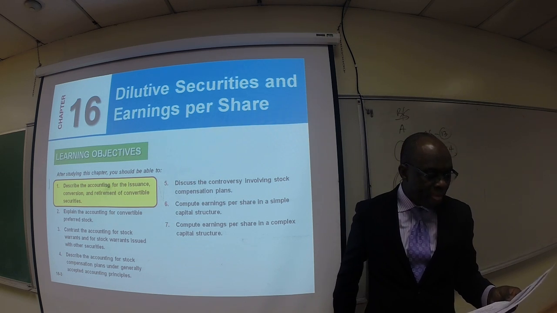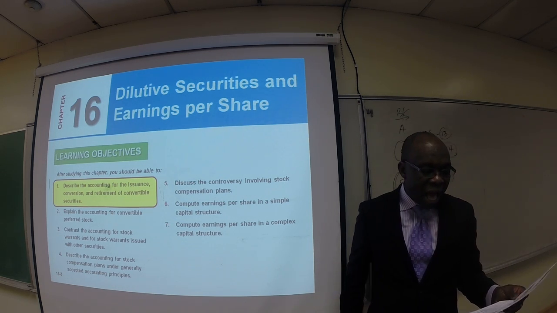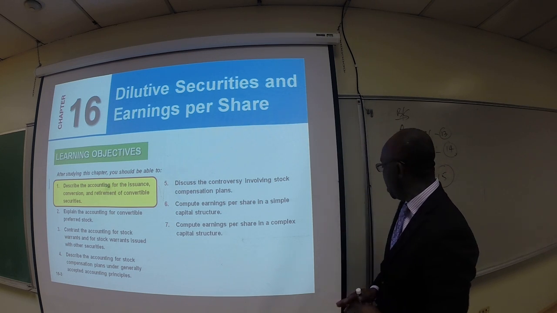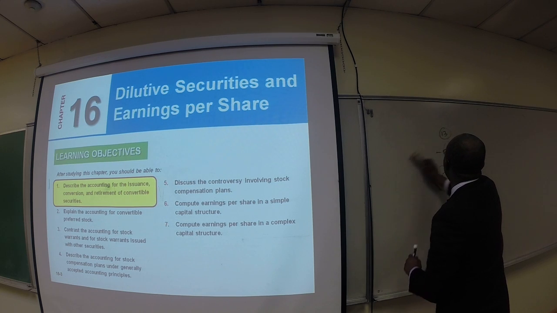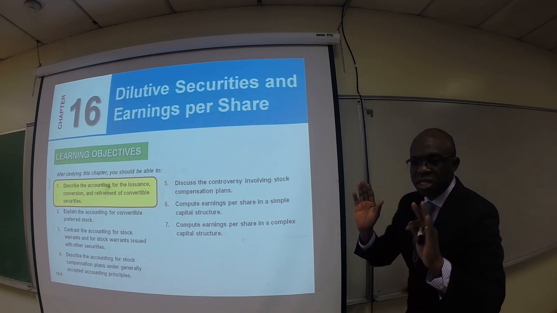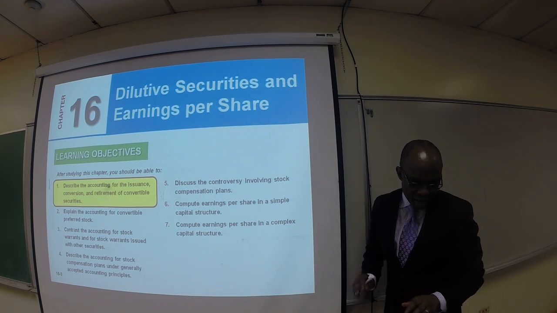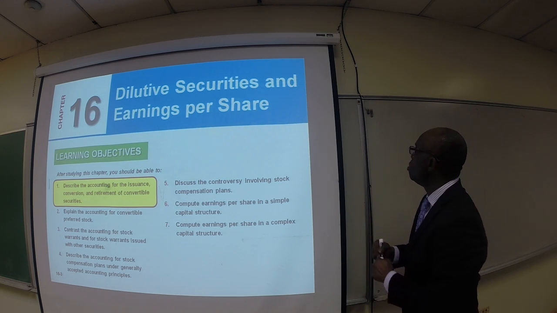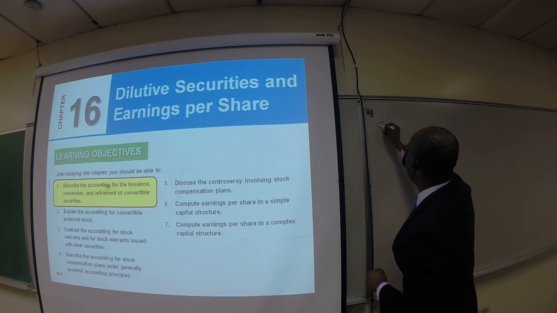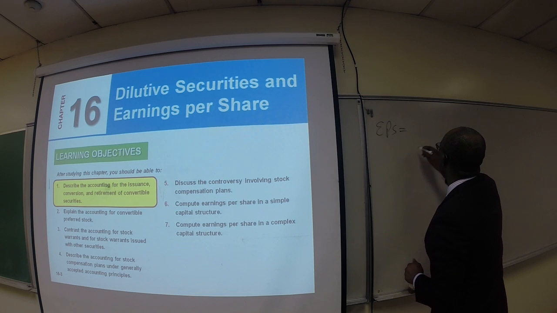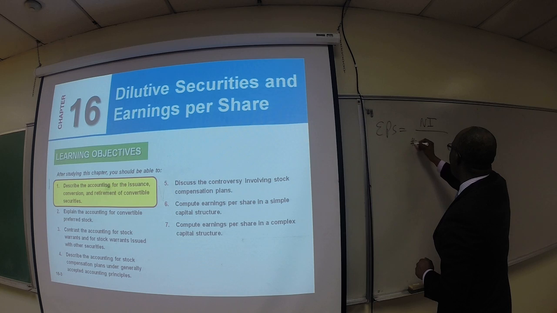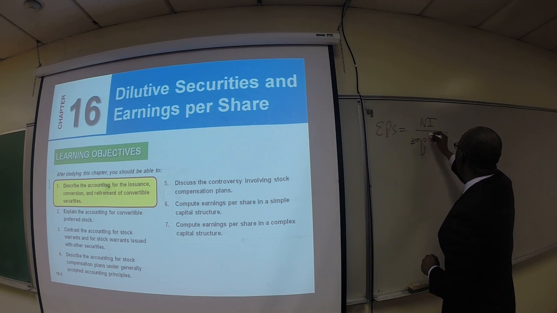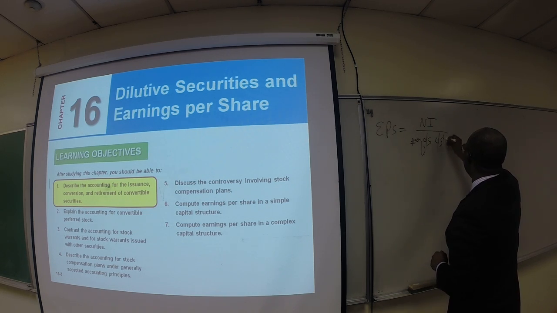Now, how do we compute earnings per share? In its simplest form, earnings per share can be calculated as net income divided by the number of outstanding common stock. So that is earnings per share.